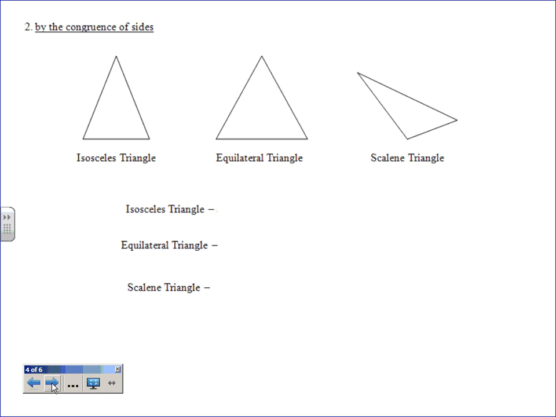Now we'll go to sides. Believe it or not, isosceles is the one that most people get wrong. Anybody want to try isosceles? Mr. Friday. Close. Very close. That's why most people get it wrong. It means at least two sides congruent, or the same.